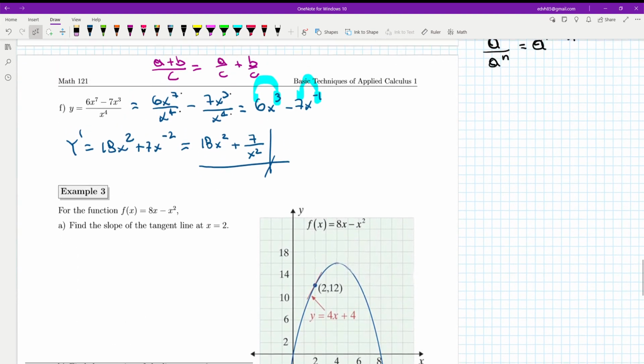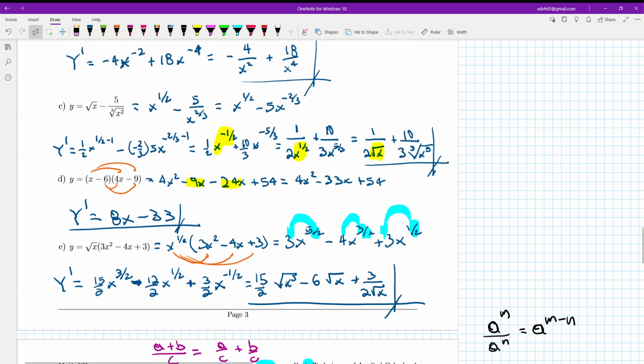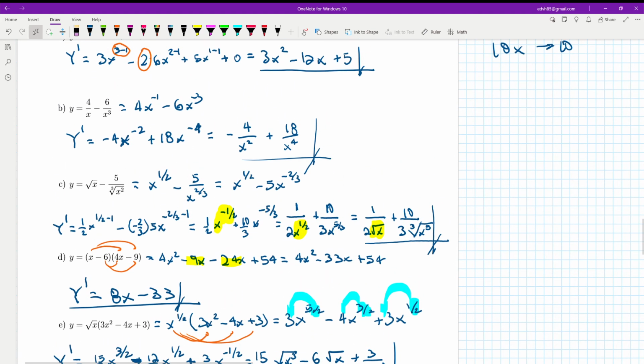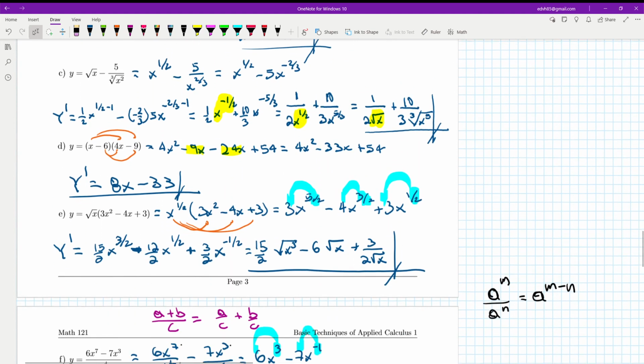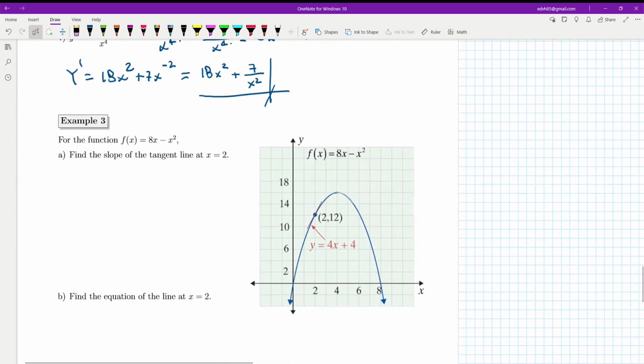Of course there are many presentations of these kinds of examples, but as a summary, be sure to keep in mind the properties of radicals, the laws of exponents, etc.